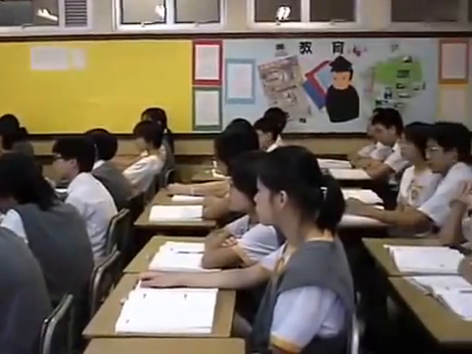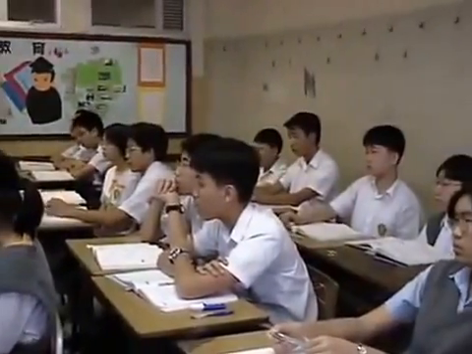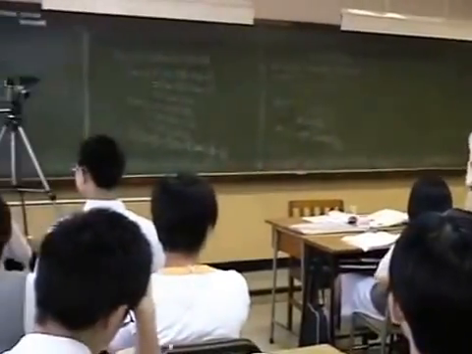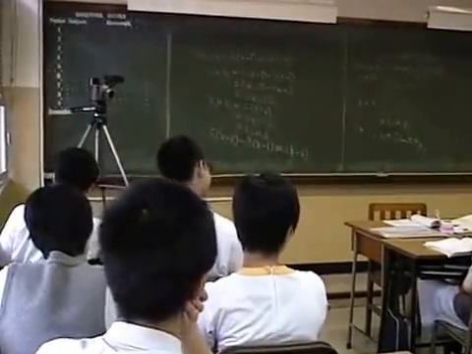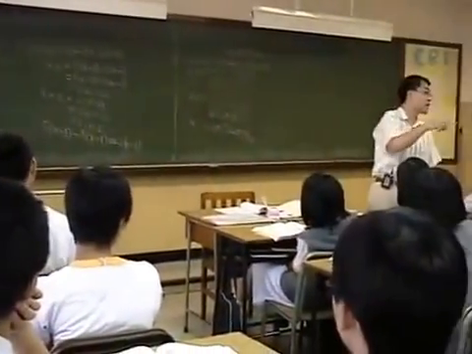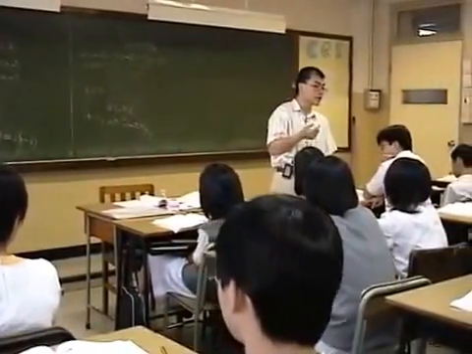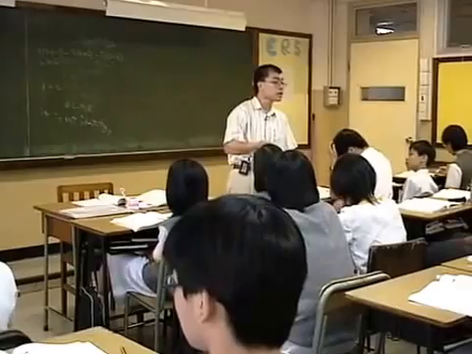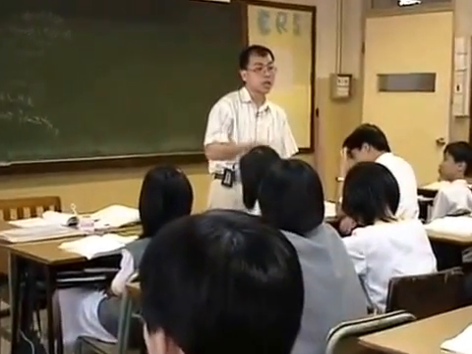Understand? Know the difference between identity and equation. For an identity, between the two sides you can use a new symbol with three lines, and we read it as is identical to, or you can say that they are identically equal.